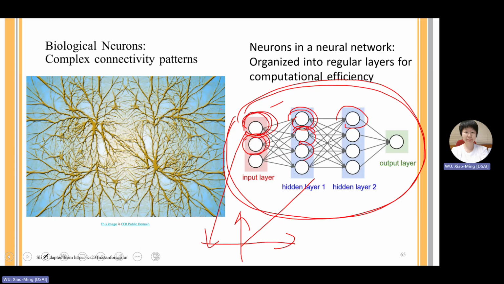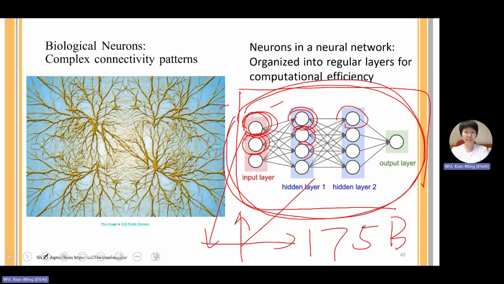In diffusion models or LLMs, for example ChatGPT, it contains 175 billion parameters. Each parameter is an edge. So the very complex models are made of simple structures.